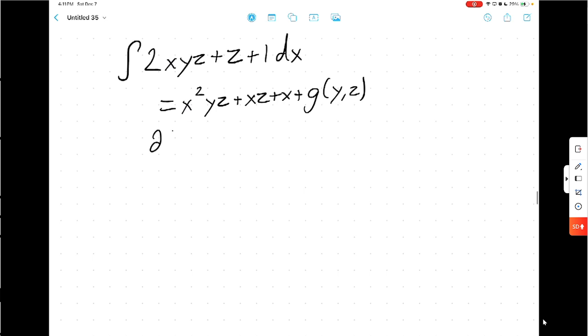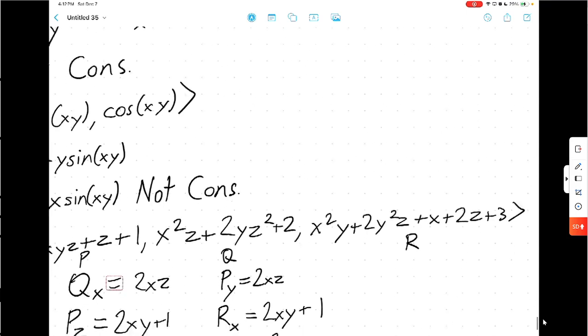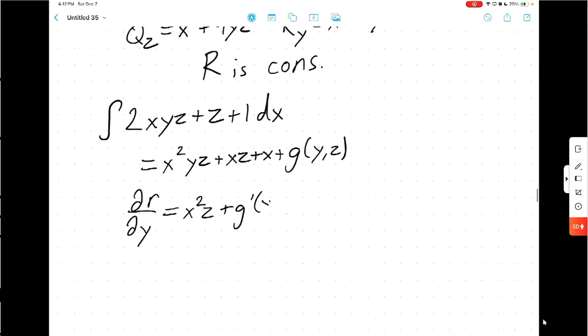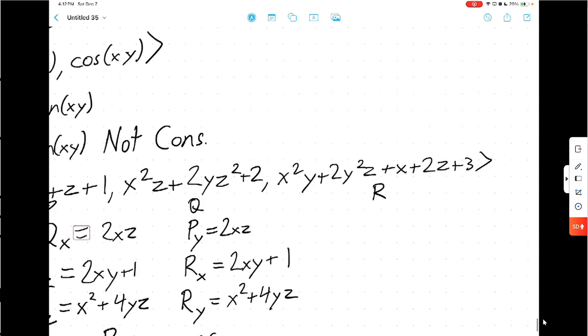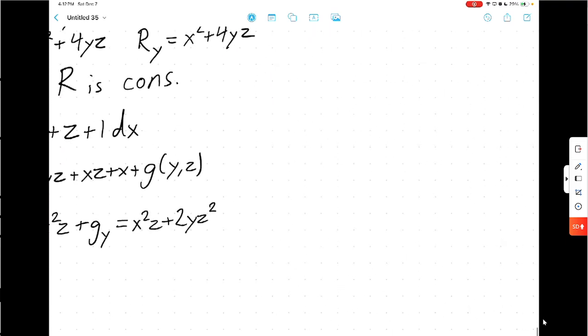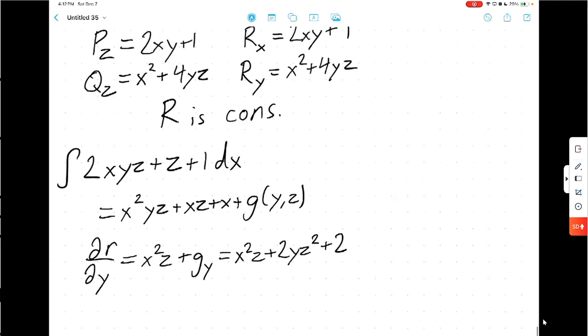Now we're going to take the partial of r with respect to y, where r is also defined as this thing. So this is going to be x squared z plus g prime of yz, actually g with respect to y, which is equal to x squared z plus 2yz squared plus 2.